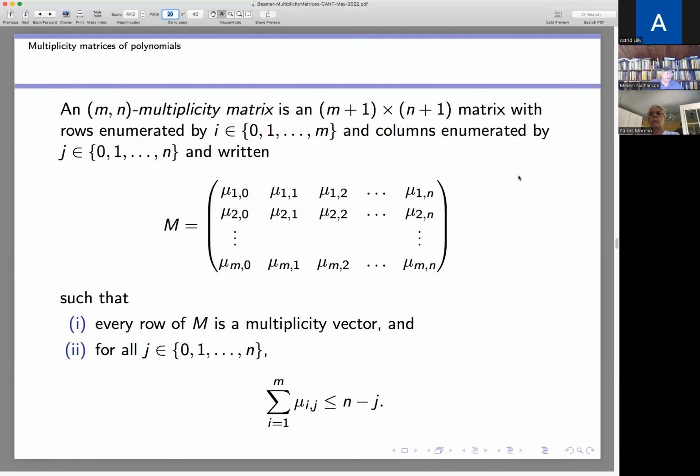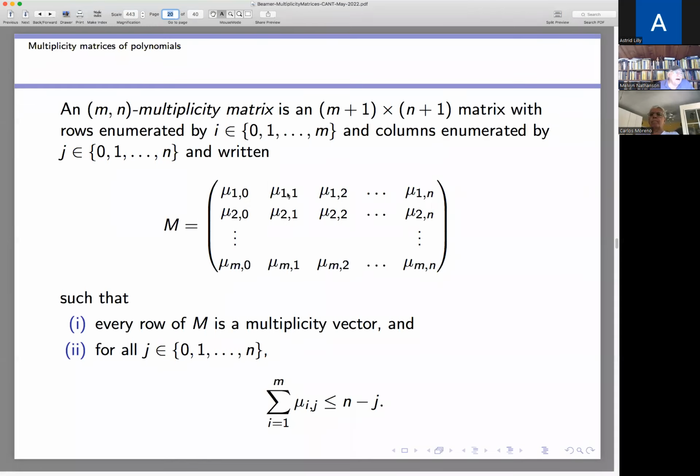So in general, one can define a multiplicity matrix as follows. In my notation, it's an n plus 1 by n plus 1 matrix written like this, these are the mu_ij's, with the property that every row is a multiplicity vector. That means the coordinates are non-negative integers.